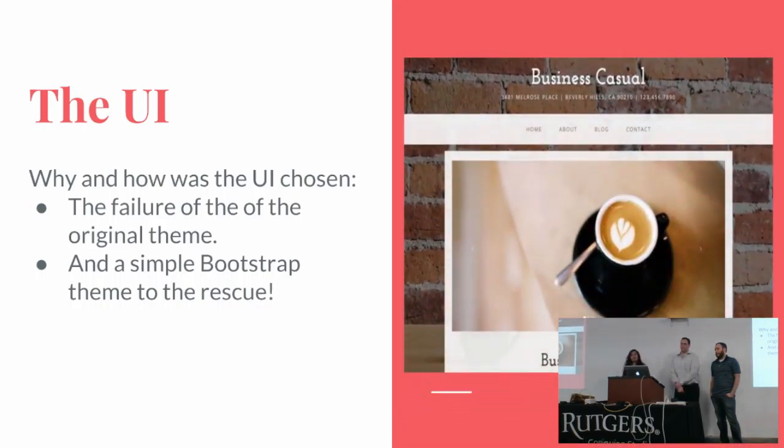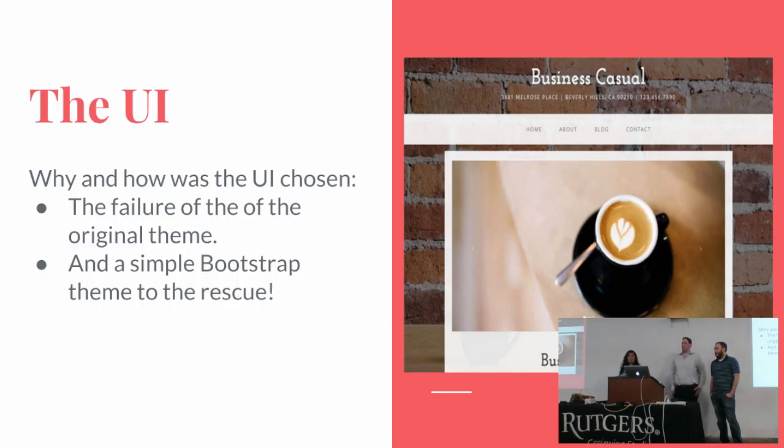For the UI, at first we wanted this awesome bootstrap theme that would have pictures coming in from the back, almost like a carousel, but in the background. It was going to be great, but it was particularly difficult to work with.